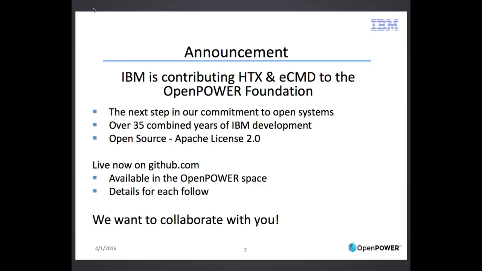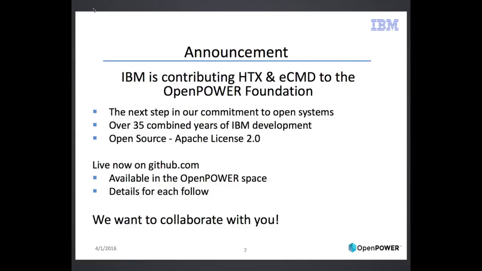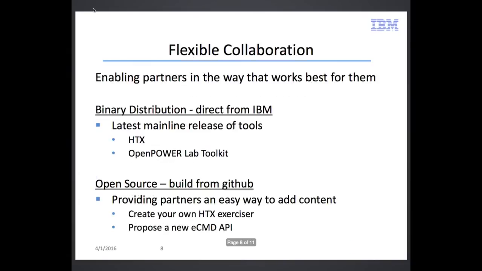Mehul talked about the exercisers, and that's definitely something where if you're creating an I/O adapter, consider creating an HTX exerciser and contributing it back. And it is flexible collaboration. We know a lot of people right now are using the OpenPOWER Lab Toolkit or HTX binary distributions.